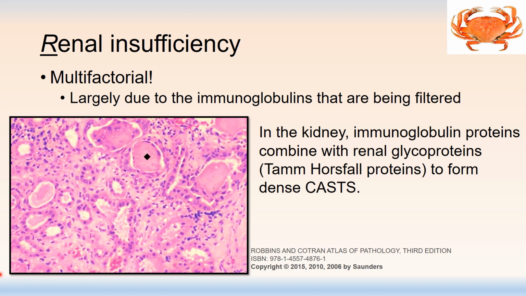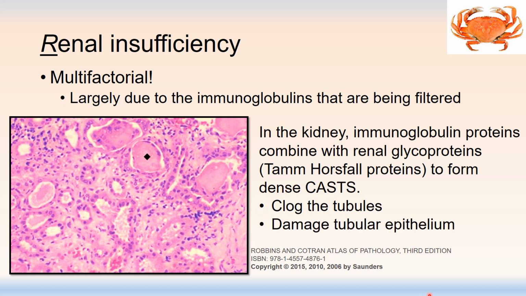These immunoglobulins combine with the Tamm-Horsfall renal glycoproteins to form these sticky, dense casts. They get stuck in the tubules. You see these casts stuck in the tubules here. For contrast, these are more open, empty tubules. But these are stuffed with these casts, and that is essentially going to cause a situation where those tubules are clogged. The tubular epithelium will also become damaged as a result of these casts.